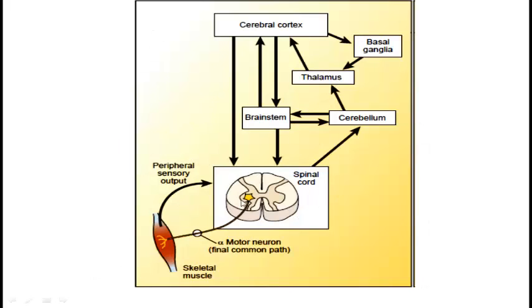So this is the anterior horn cell, or the lower motor neuron, and this is a number of pieces of information from the higher centers and from the peripheral sensory input. Finally, after processing what it received from all these areas, it gives the appropriate order to the muscle, or to the effector organ.